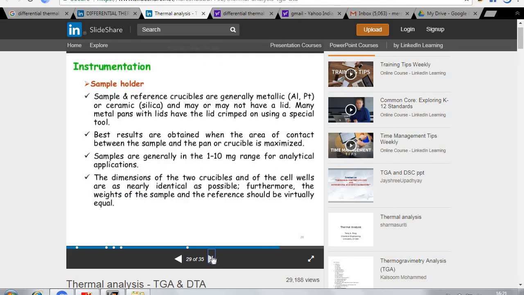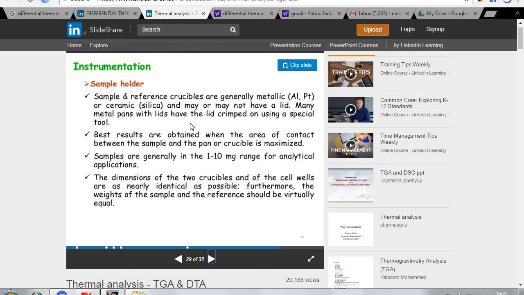So if you see the instrumentation part, it's similar to that of TGA. First, the sample holder. Sample and reference crucibles are generally metallic, aluminium or platinum, or ceramic, and they are widely used. We have already seen in the earlier ones, right?